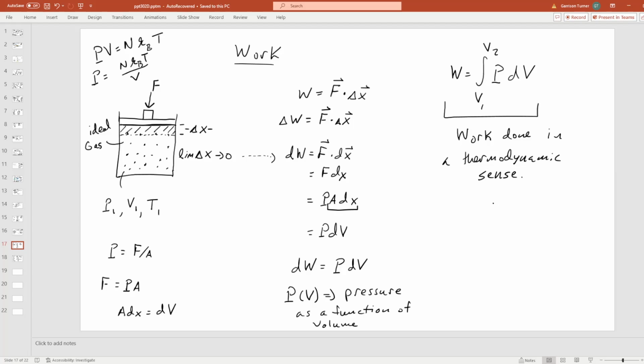So get your pressure as a function of your volume, and if you know the equation that relates those, like the ideal gas law or the van der Waals equation, then you can easily do that. The van der Waals equation is a little bit harder to integrate, so be aware of that, but you can still do it in principle. Okay. But that is an introduction to thermodynamic systems and work, and in the next video we will discuss the first law of thermodynamics.